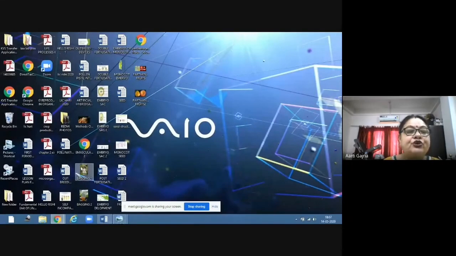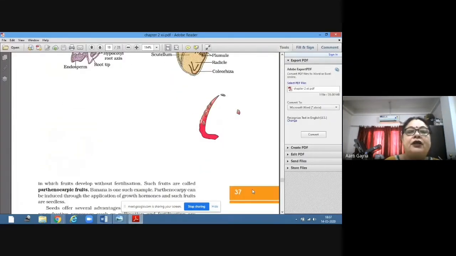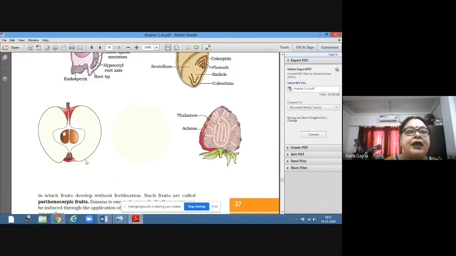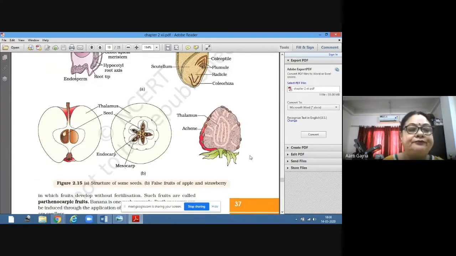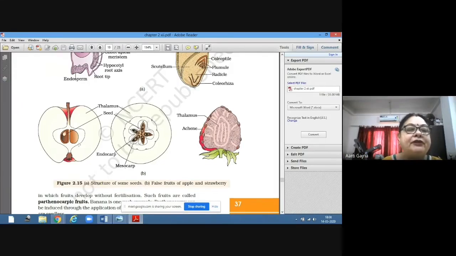I'll show you your NCERT diagram also. Can you see these diagrams? This is an apple. Apple is a false fruit. Why is it a false fruit? Because the thalamus also contributes to the formation of the fruit.